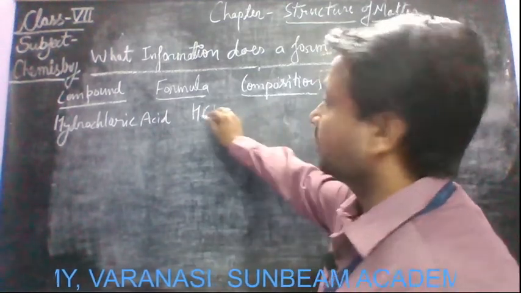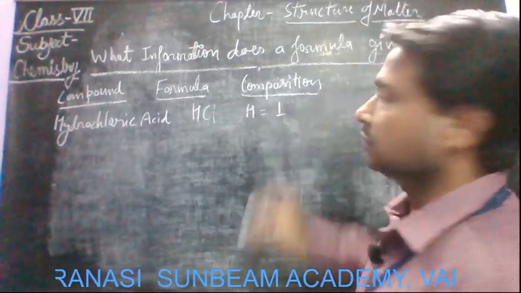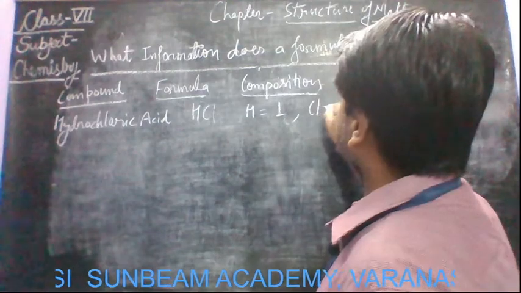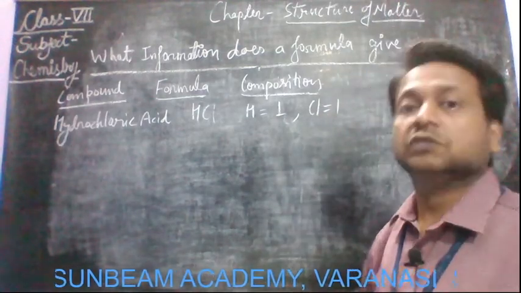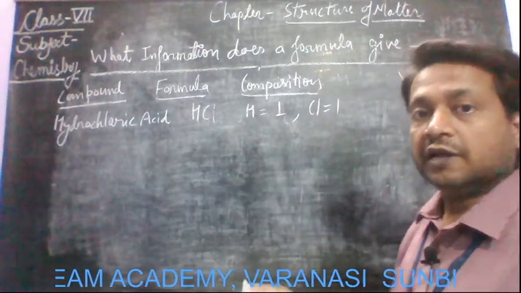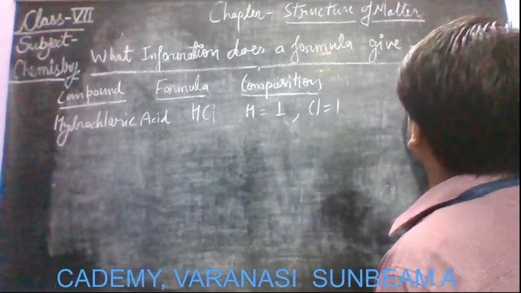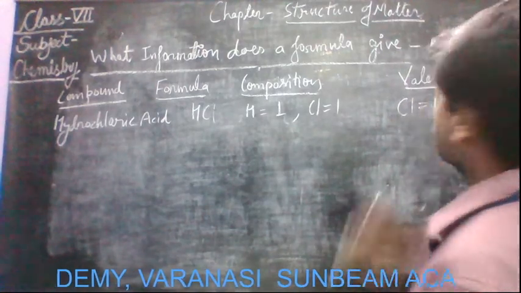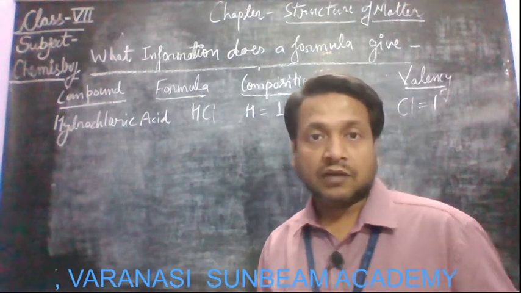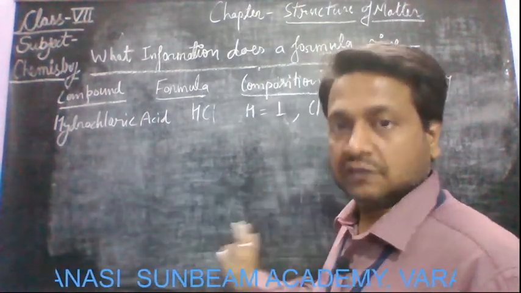So the number of atoms of hydrogen is 1 and the number of atoms of chlorine is 1. So this is the composition of this compound, and that is why the valency will be 1. Valency of chlorine will be 1. Now, children, I will explain to you in detail about the valency after this table.